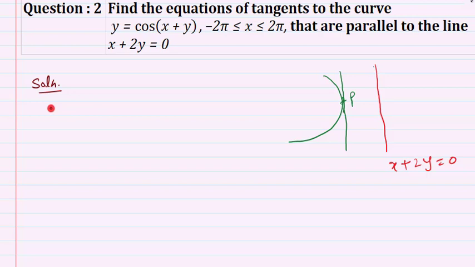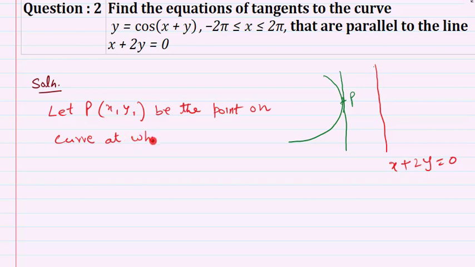Okay, so let us consider that P(x1, y1) be the point on the curve at which the tangent is drawn.